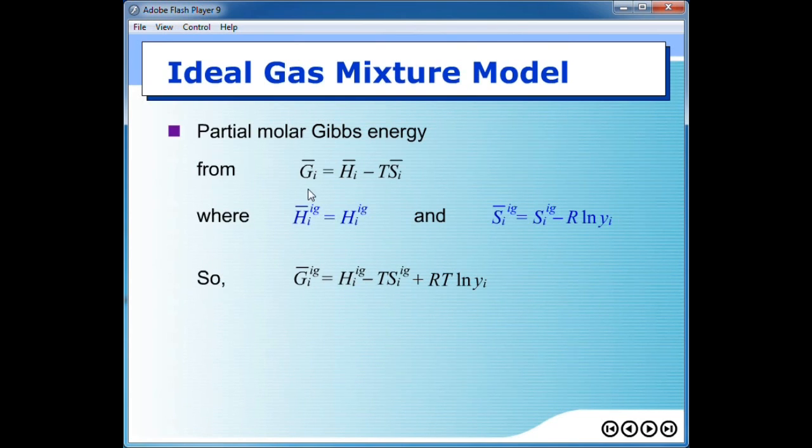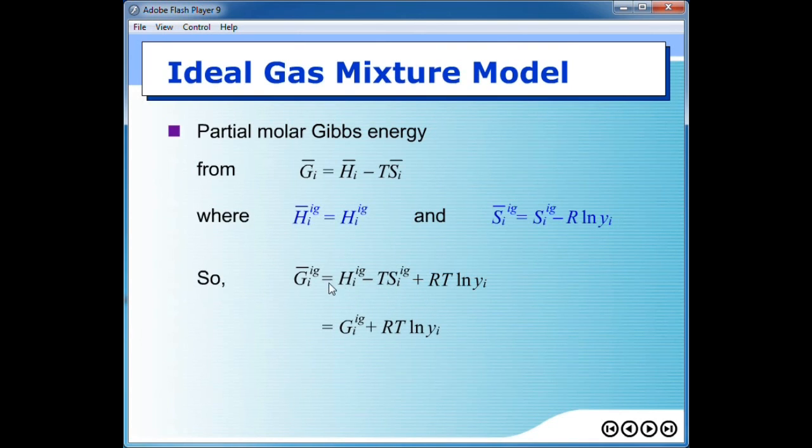We don't need to use the theorem for this one because we got the relationship by definition already. Plug it in here. This is minus, this is minus, it turns to be plus. And then you can calculate the partial molar Gibbs free energy as a function of everything on the right-hand side, which are properties of pure species.